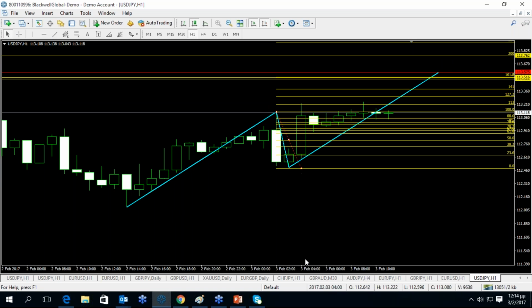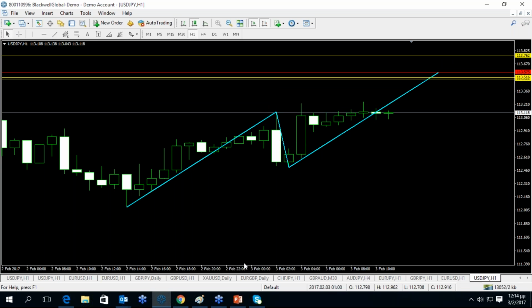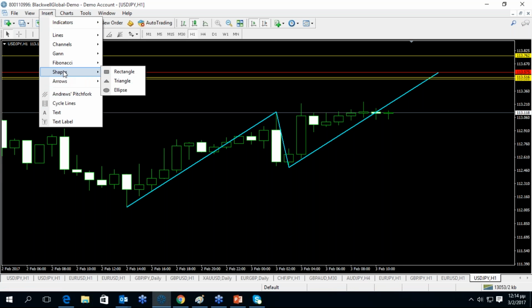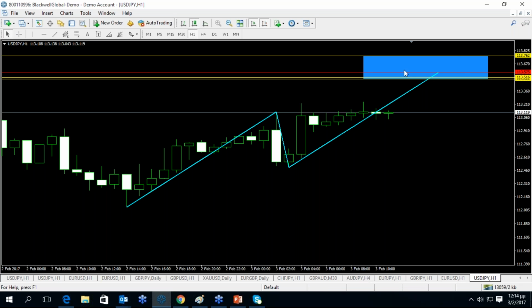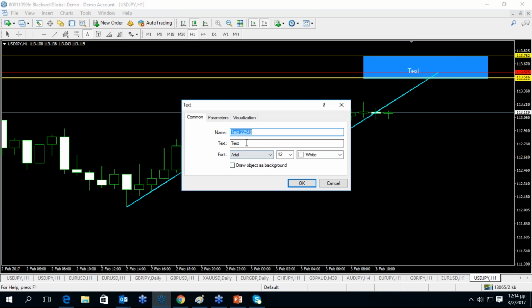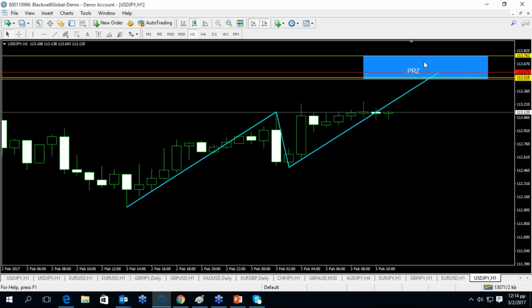We'll take that one off, and we would then make that zone of where price could potentially reverse. That is my PRZ zone, which stands for probable reversal zone.